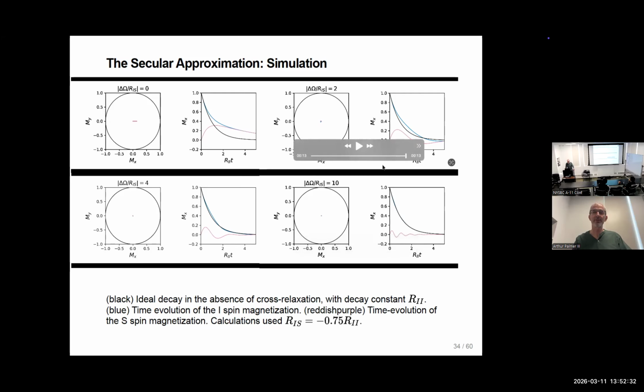But the important thing over here is you can see now the behavior of the pink spin is a little oscillatory. And the decay of the blue spin is still a little perturbed, but it's a lot closer to the black line.